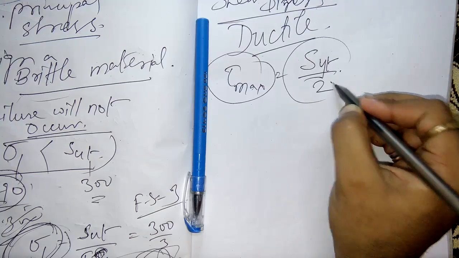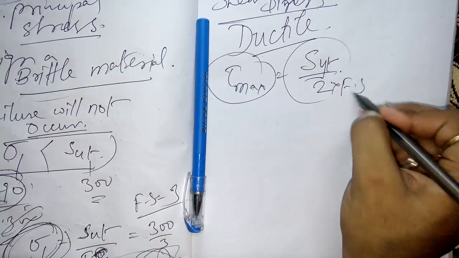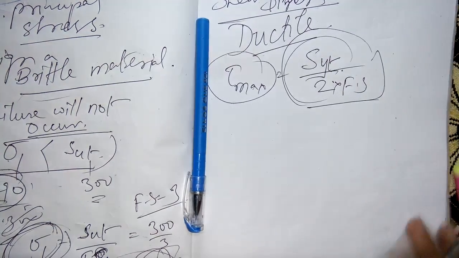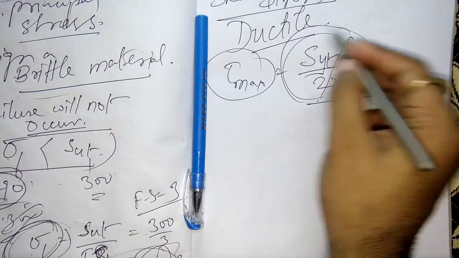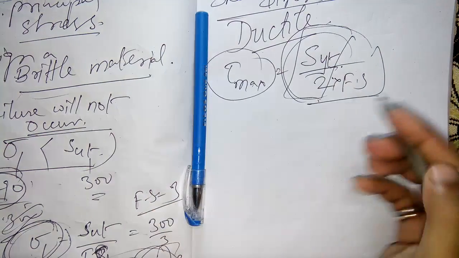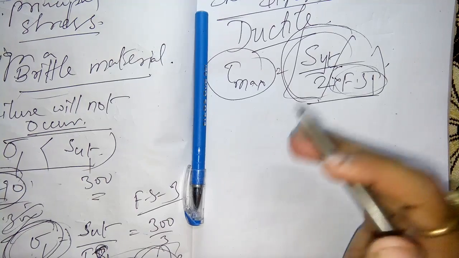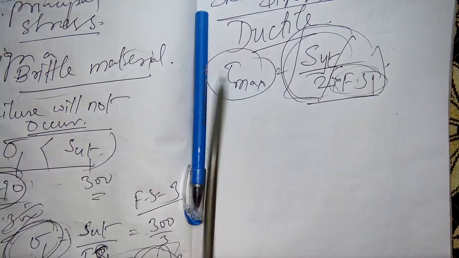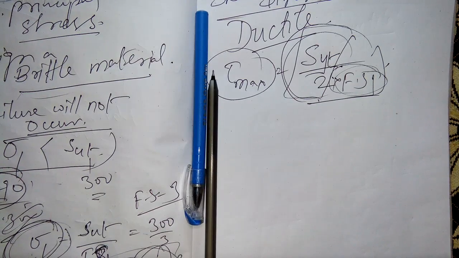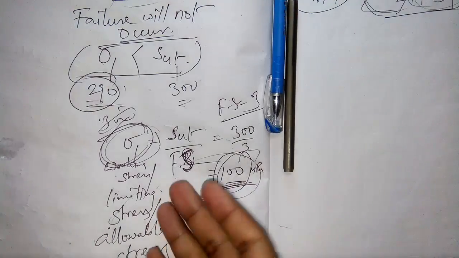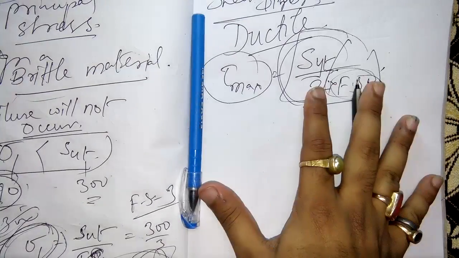And then divide this value by the factor of safety, just to reduce the value of tau max. Same logic which I have explained in this case, same logic here also.